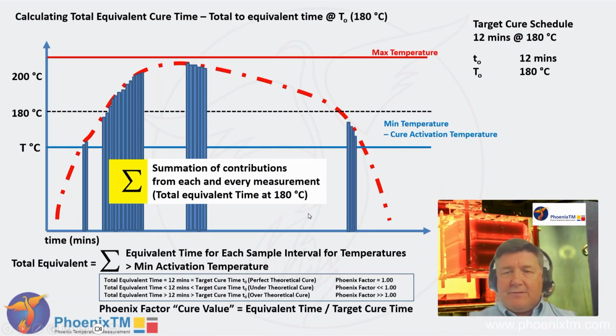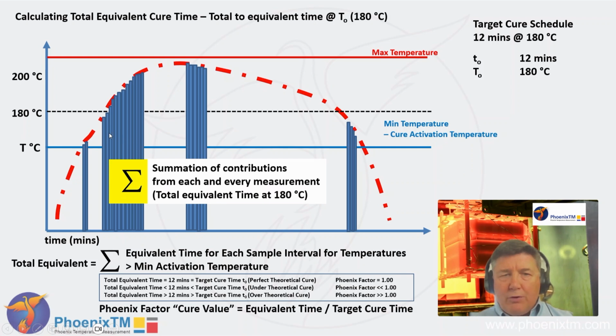In essence, having done that, we can get the complete summation of contributions from every measurement and calculate the equivalent time at 180 degrees. Remember, our total time at 180 degrees needs to be at least 12 minutes to get the satisfactory cure.